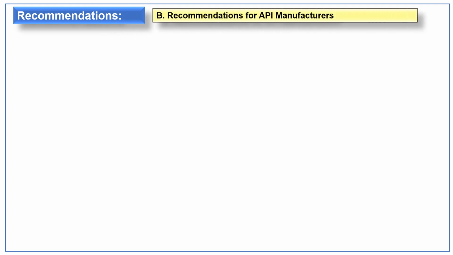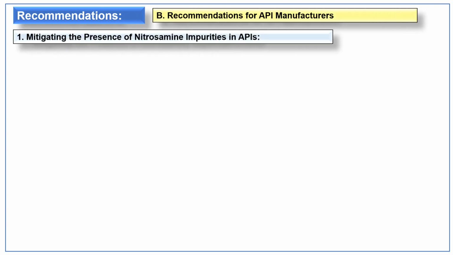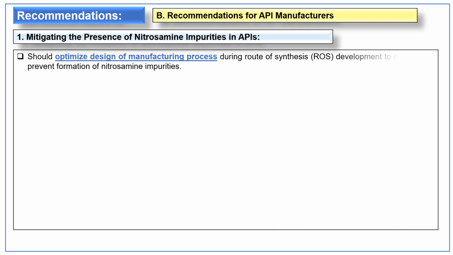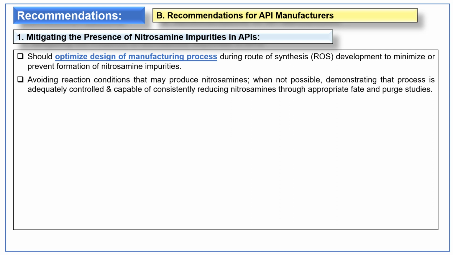The guidance makes recommendations for the API manufacturers, firstly for mitigating the presence of nitrosamine impurities in the APIs. It states that the manufacturer should optimize the design of the manufacturing process during the route of synthesis itself to minimize formation of nitrosamine impurities. They should avoid reaction conditions that may produce nitrosamines, and if that is not possible, demonstrate that the process is adequately controlled.